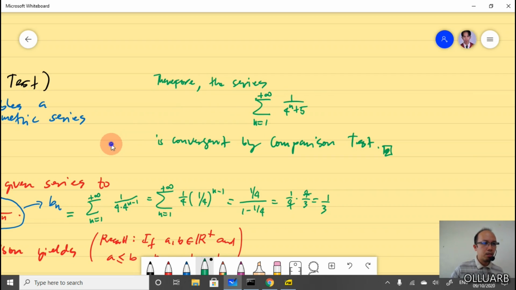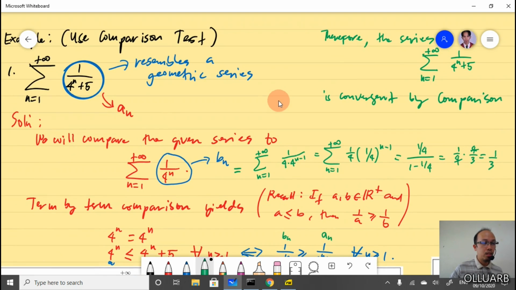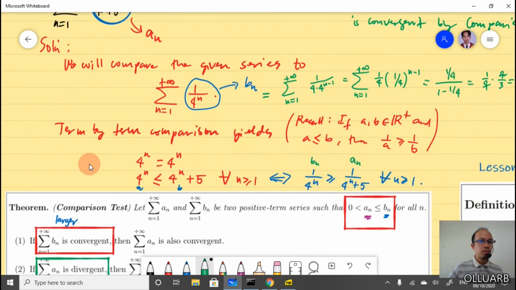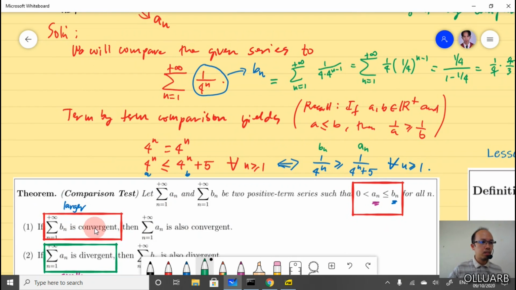So let's recall, all you have to do is find a series that you are going to compare, and then after finding that series, make sure that it satisfies the condition of this theorem.